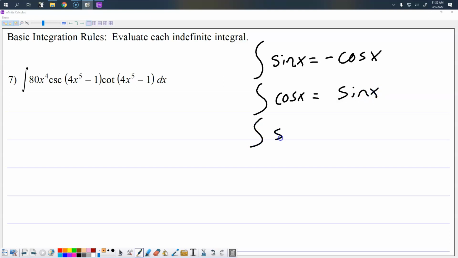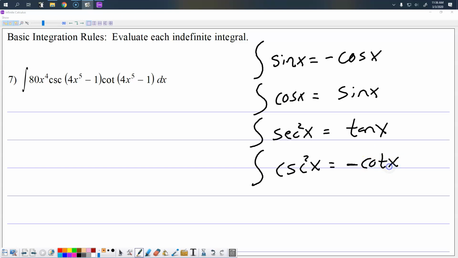The integral of secant squared x is tangent x. The integral of cosecant squared x is, I think, when we did it before, it's supposed to come out negative. Negative cotangent x.